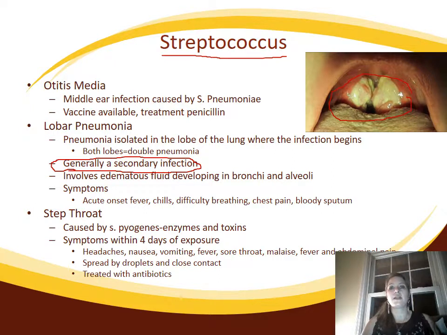So the first phase is going to be developing headaches, nausea, vomiting, sore throat, malaise, fever, and then you get this kind of mucousy looking coating and swollen tonsils in the area. Like right here, you can't even see the back of the throat, okay? It's generally spread by droplets in close contact, and it's treated with antibiotics.